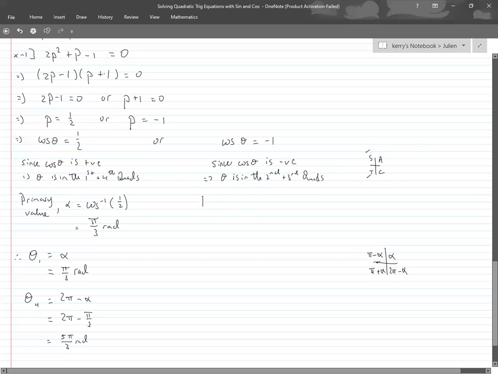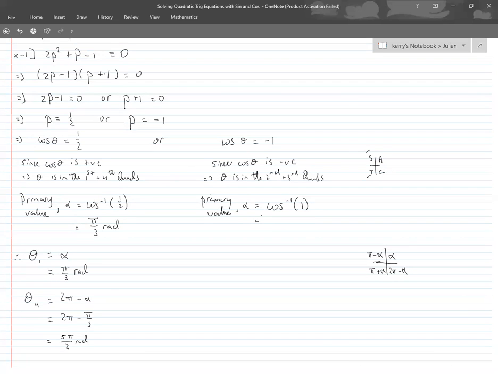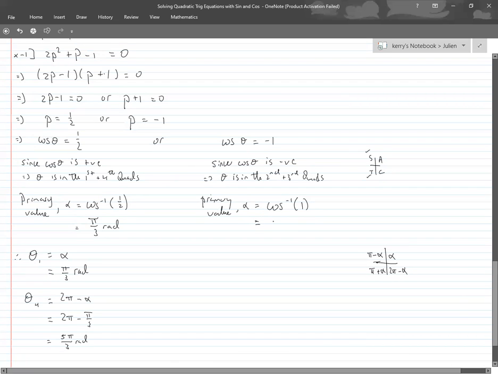All right, so we again have to find a primary value, because we have a new cosine value to deal with, which is our cos inverse of the positive of this number, our cos inverse of 1. But this is again something that you will learn from knowing the graphs. Our cos inverse of 1 is 0 radians. So this is your primary value.